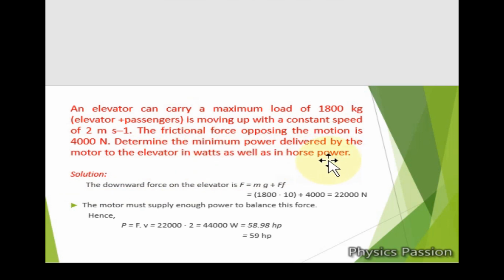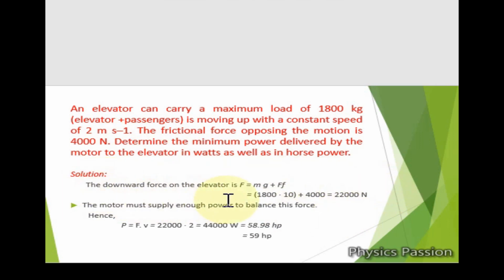So first of all, the downward force on the elevator is equal to the weight of the passengers and elevator, along with the frictional force. So it is 1800 into 10, I have taken g as 10 over here, plus 4000, this is the frictional force. 22,000 Newton.